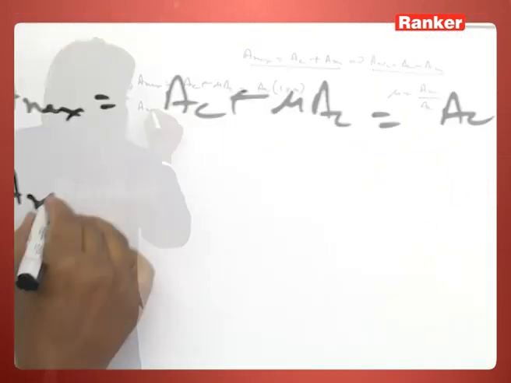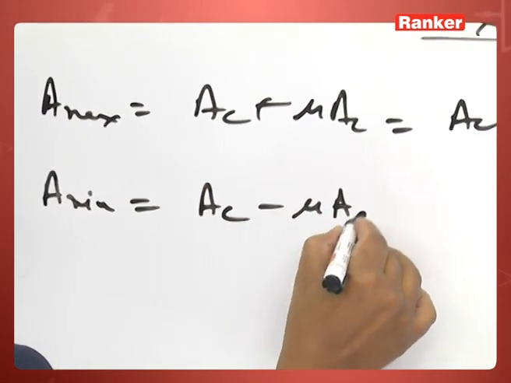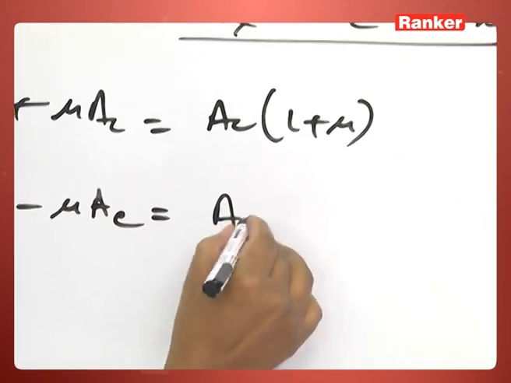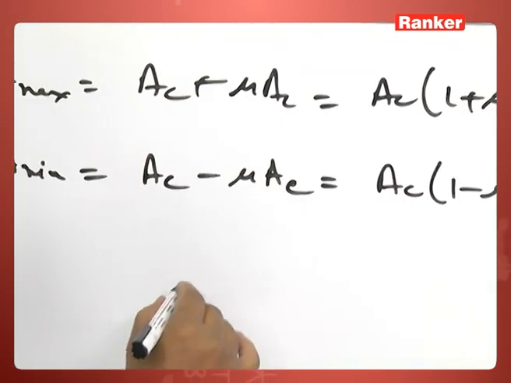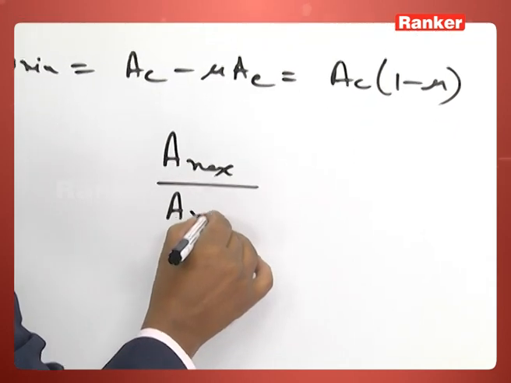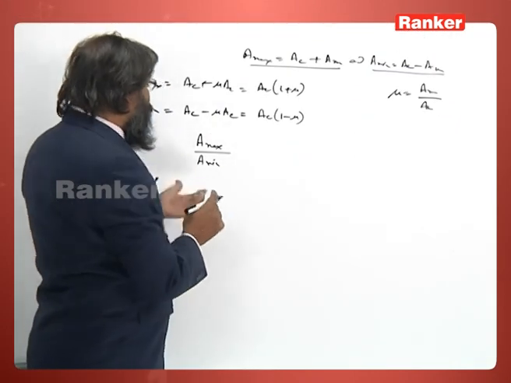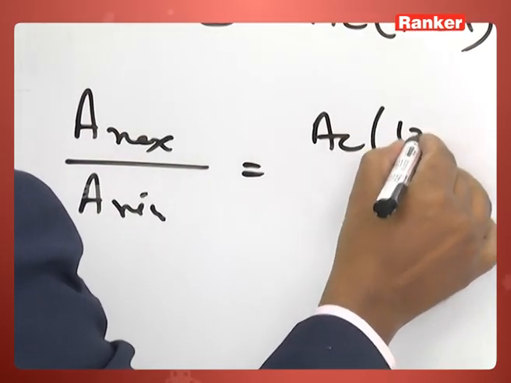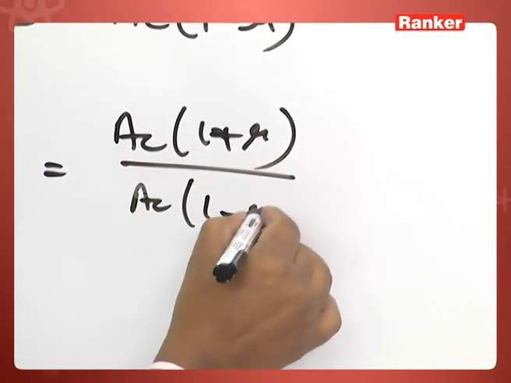A min will be AC minus mu AC, that is AC into 1 minus mu. So let us divide these two. We have A max by A min, where A max is the maximum voltage and A min is the minimum voltage, equal to AC into 1 plus mu by AC into 1 minus mu.